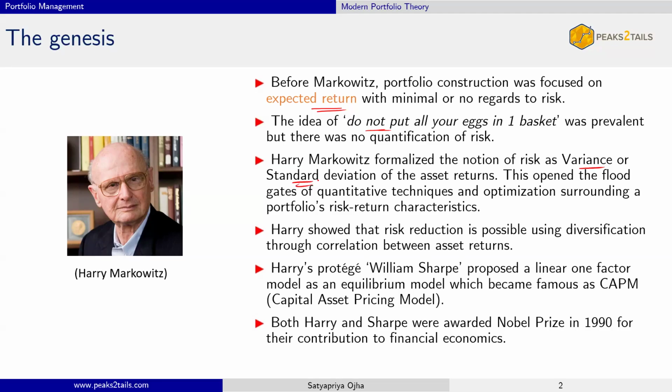Now, the moment you quantify things in finance, we don't have a shortage of techniques to do further treatment. The biggest challenge in finance is to quantify things: utility function, risk, all kinds of intangible things. Once you have quantified risk as standard deviation or variance, then the floodgates of quantitative techniques opened up. So that was the contribution.